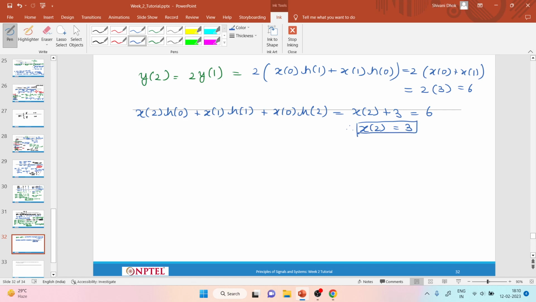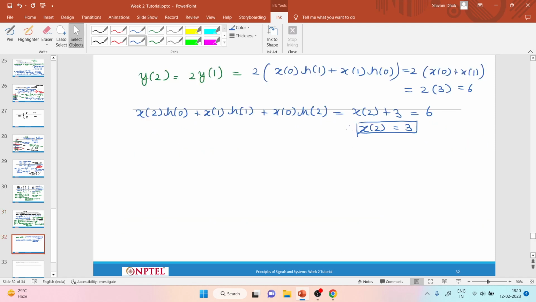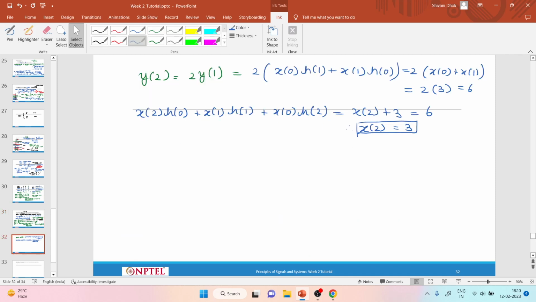So now we have the value of x of 0, x of 1 and x of 2, and we can substitute all of these in this equation 3. Therefore, from equation 3 we can substitute x of 0 as 1, x of 1 as 2, x of 2 as 3, plus x of 3.